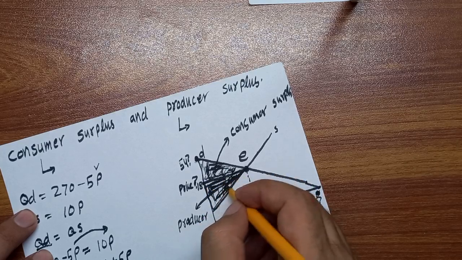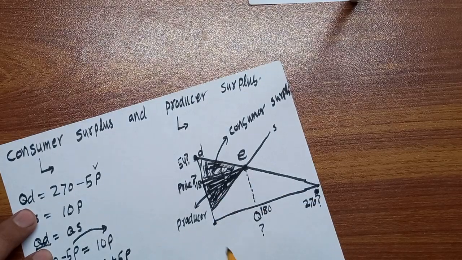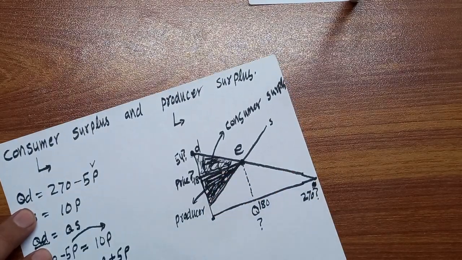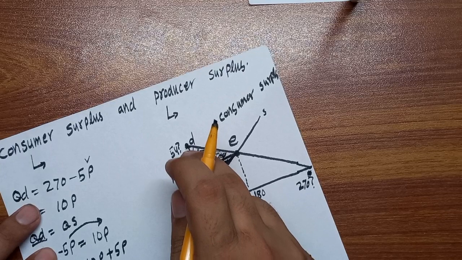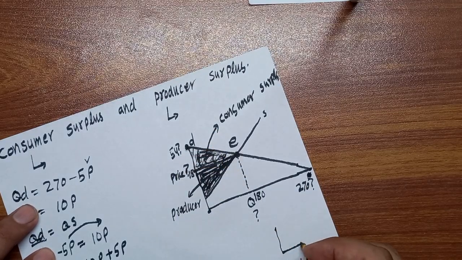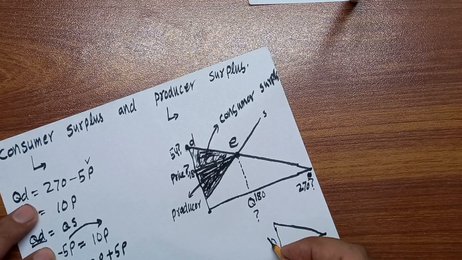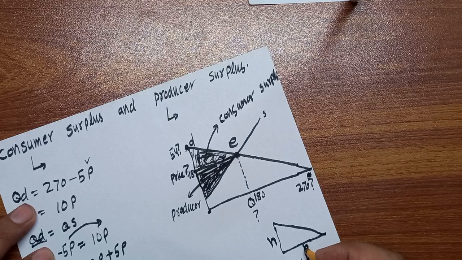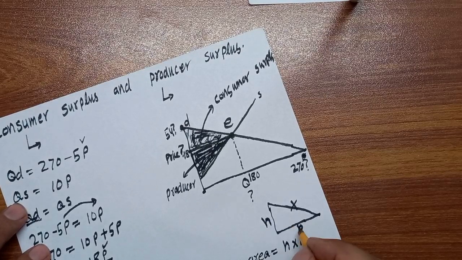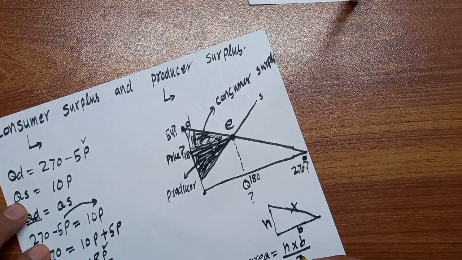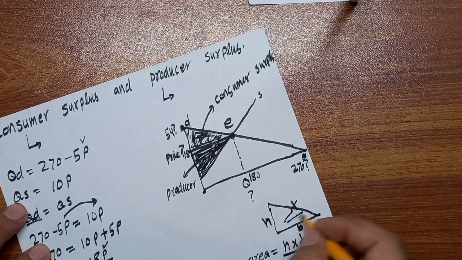For finding this area, we know that the area is equal to height multiplied by base, divided by 2. This is the height and this is the base, and we are not including this side. We will multiply this side with this side and divide by 2, and we will get this whole area.